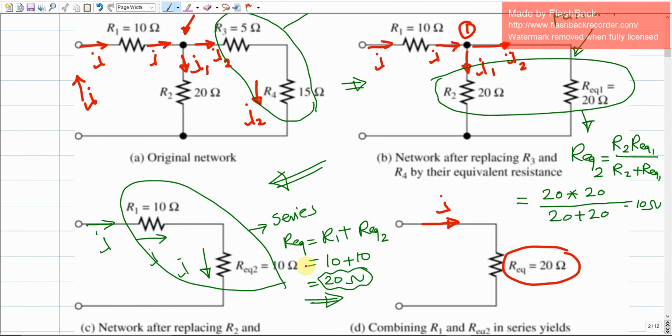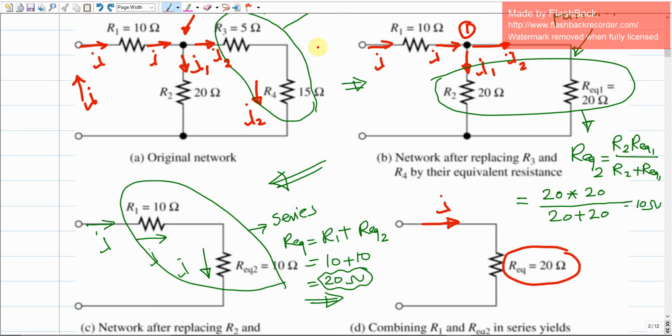You have to distribute the current, and based on the current distribution, you should figure out which resistors should be in series and which should be in parallel. It is better to start from the farthest point, from the end of the electrical circuit, and do the simplification as you move.